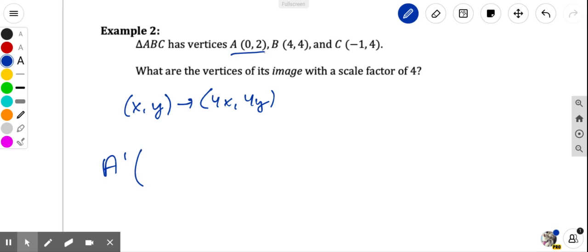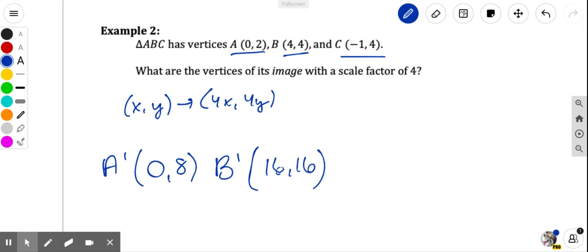So (0, 2) is going to be (0, 8). Multiply both of those by 4. B prime, (4, 4) is going to turn into (16, 16). C prime, (negative 1, 4) is going to turn into (negative 4, 16). So that would be your new coordinates. That would be your image.